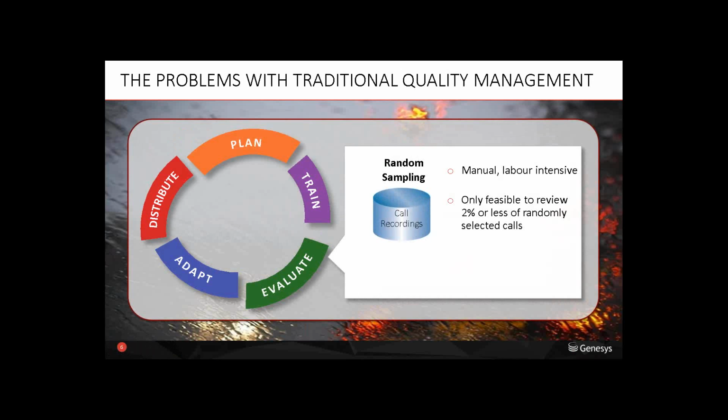And because the process is so labor intensive, it's very expensive. And for that reason, it's only feasible for most organizations to review 2% or less of calls that are randomly selected. In fact, as we just saw, the average is probably even lower than 2%, unfortunately. Might even be around 1%.